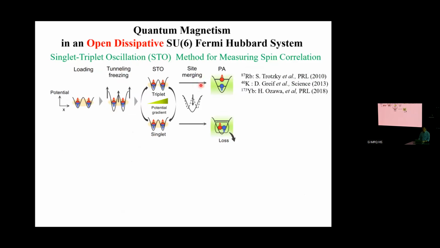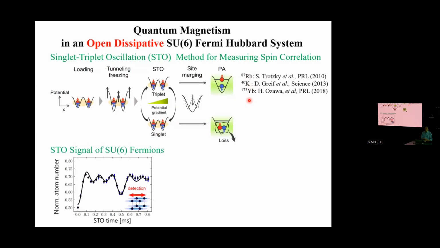I'm sorry, I will not describe the method in detail, but I will only mention that this powerful method of STO was initially invented by Professor Immanuel Bloch's group for rubidium-87 bosons, and later applied to fermions by another group, and we extend this method to SU(6) or SU(N) fermions.